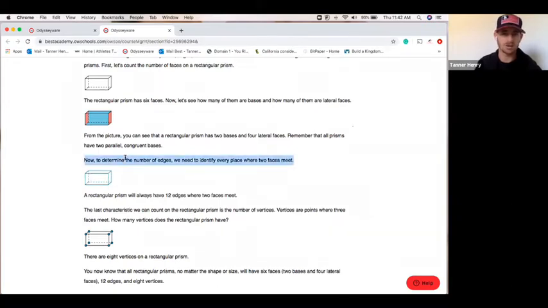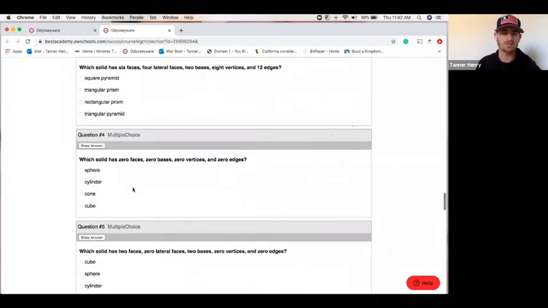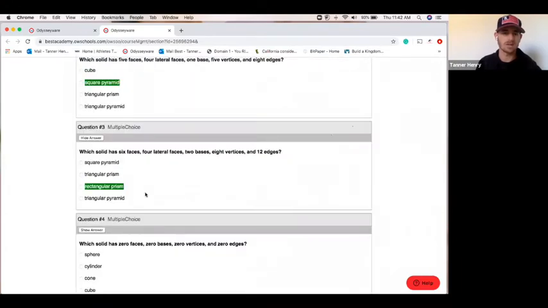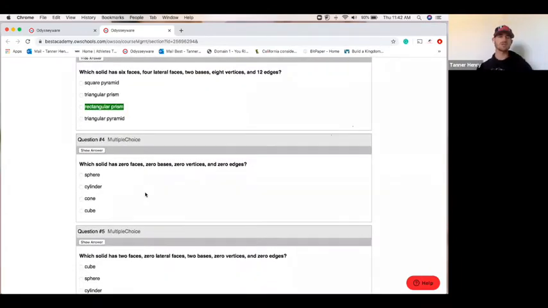This is a better way to explain it. Now to determine the number of edges, we need to identify every place where the faces meet. So they meet exactly every line essentially. So that works too. So it has to be rectangular prism. So these are different but similar.